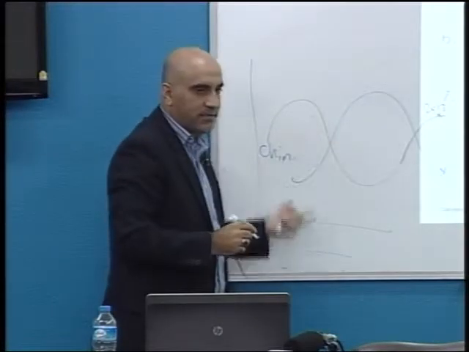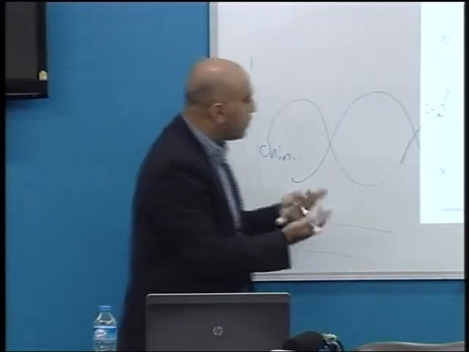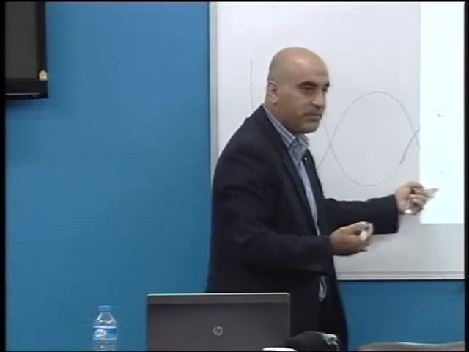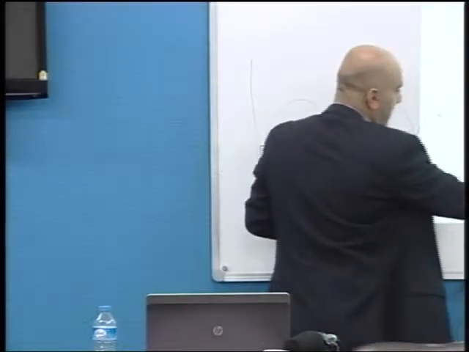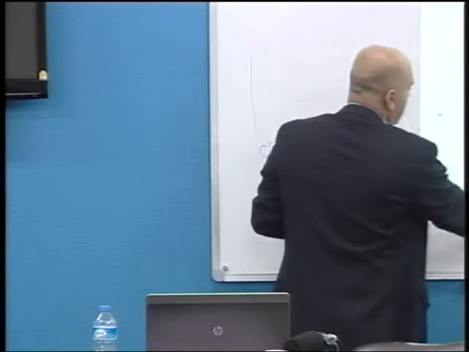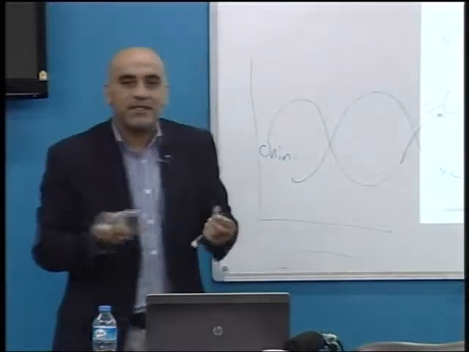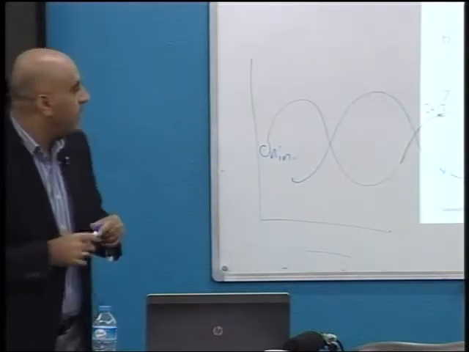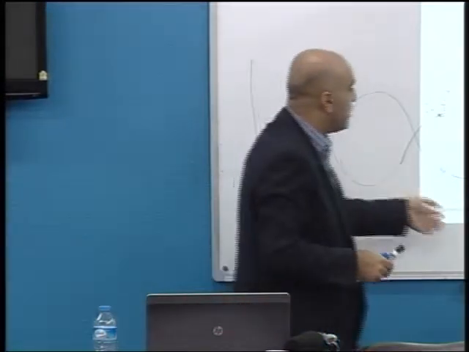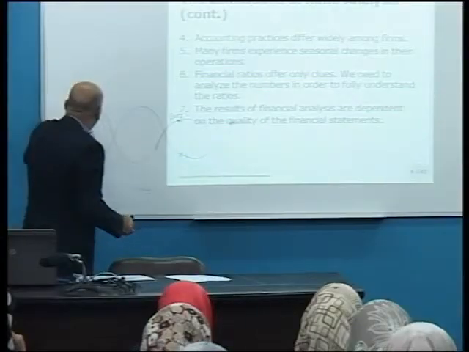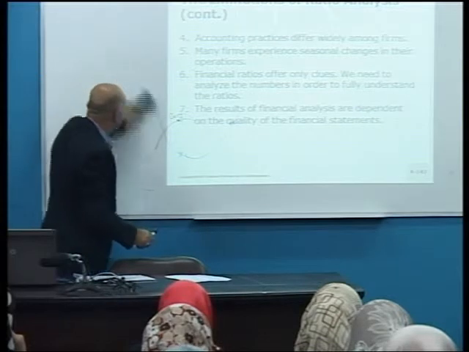Because this is season. So how come you compare this company with this company? Maybe tomorrow or the next 10 years, the situation is different. So this is the economic cycle. So it depends on the season that the business works, or depends on the economic cycle.